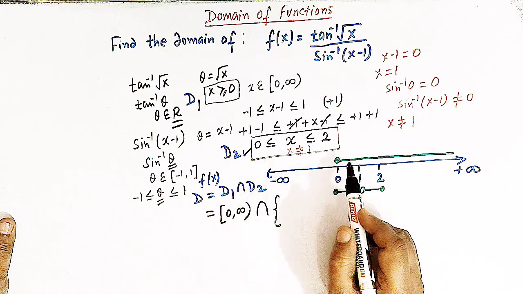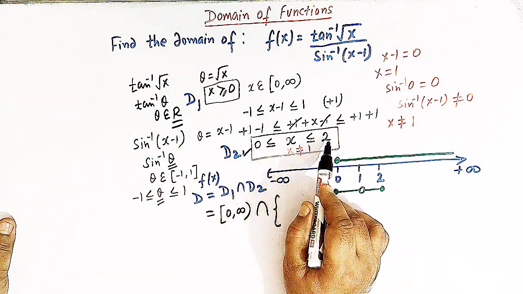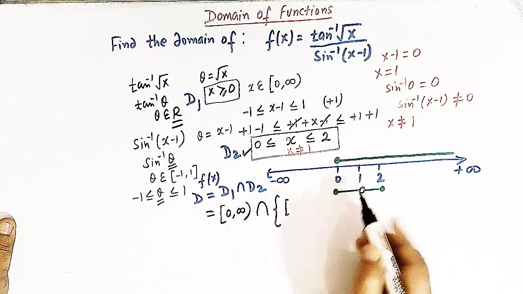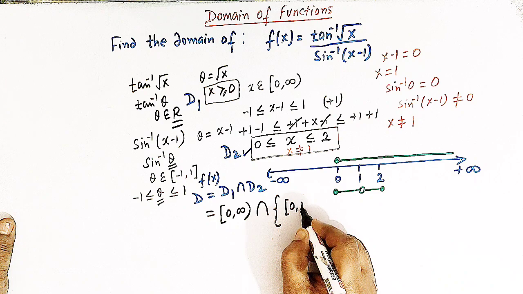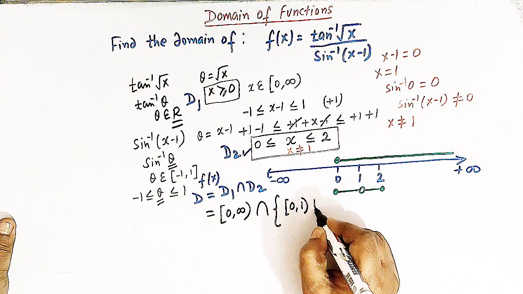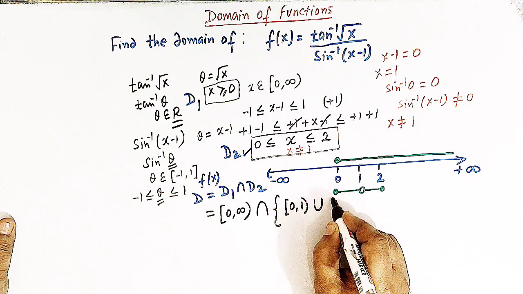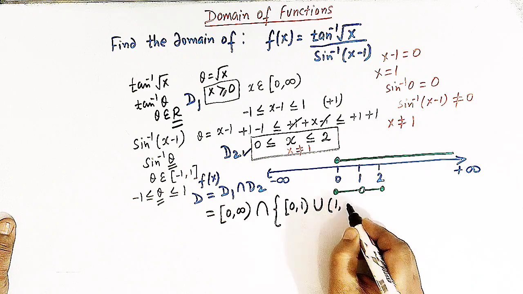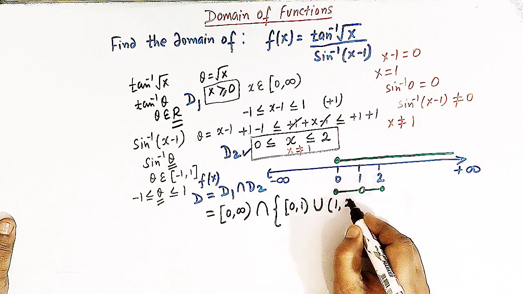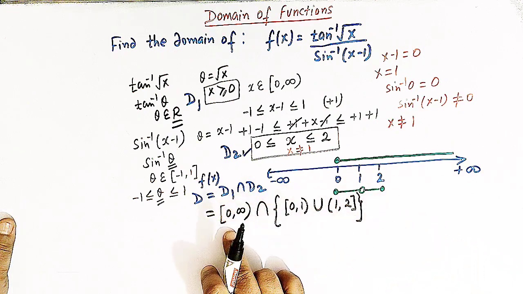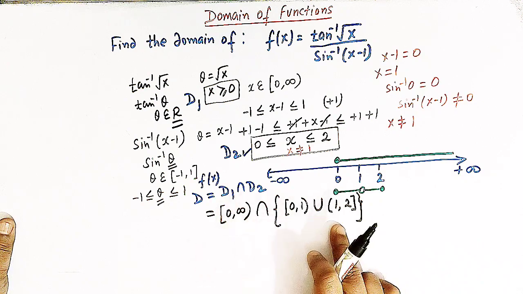D2 is from 0 to 2, so first we'll write 0 to 1. 0 is included but 1 is not included, so here it is open. And then we have union, and then here we have 1 to 2, and 2 is included, so here we have a closed interval. So D1 intersection D2 is given by this notation.